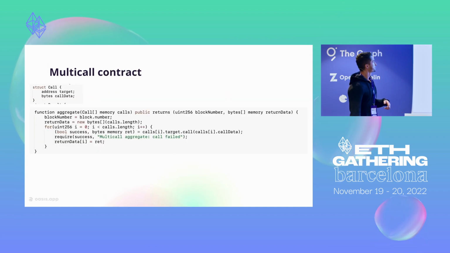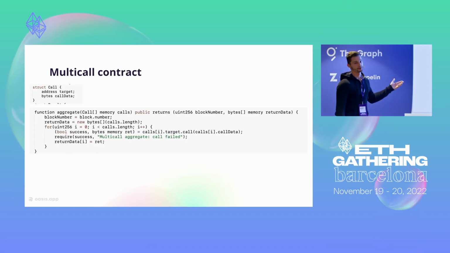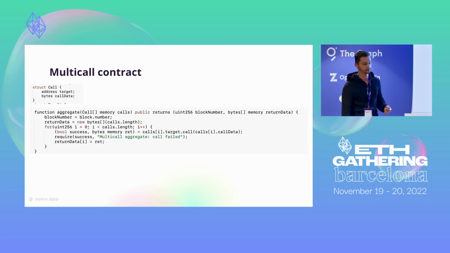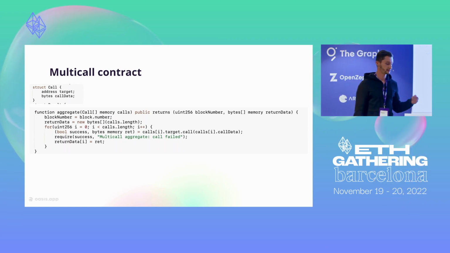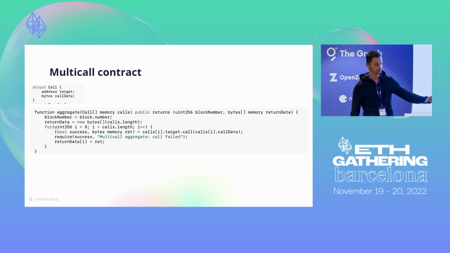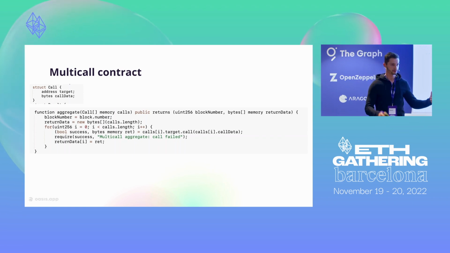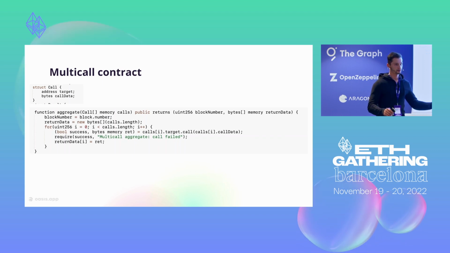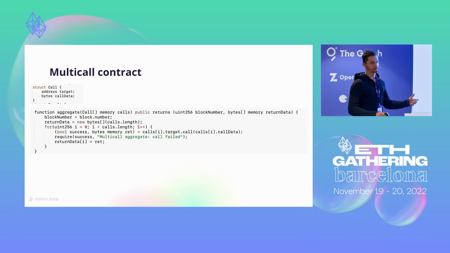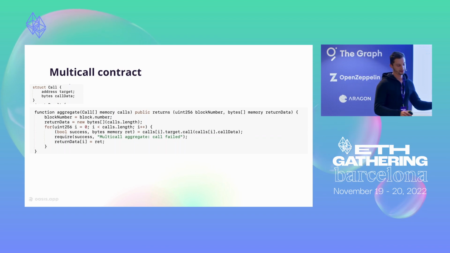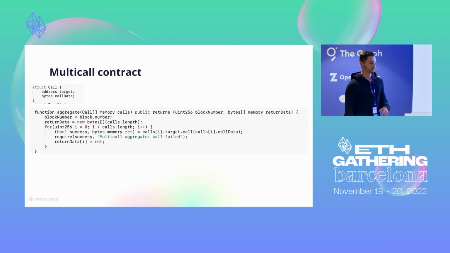This is the whole code of the multicall, and you can see it's pretty simple. It takes this small struct: the target addresses, so the addresses of the contracts that we want to call, and the call data. We already saw how the call data works: it contains the method signature and then the encoded parameters.